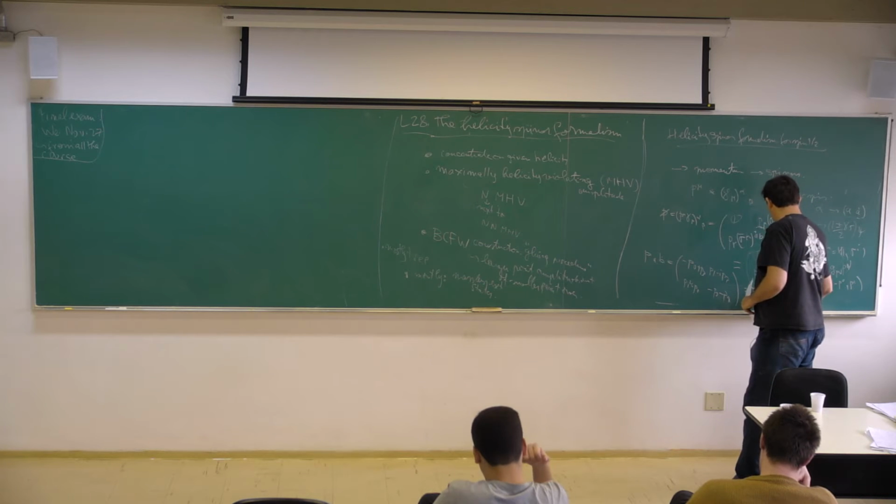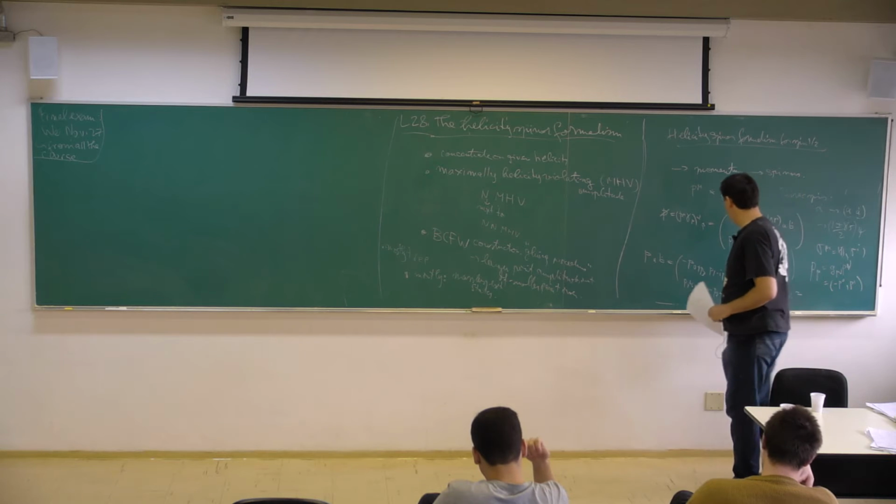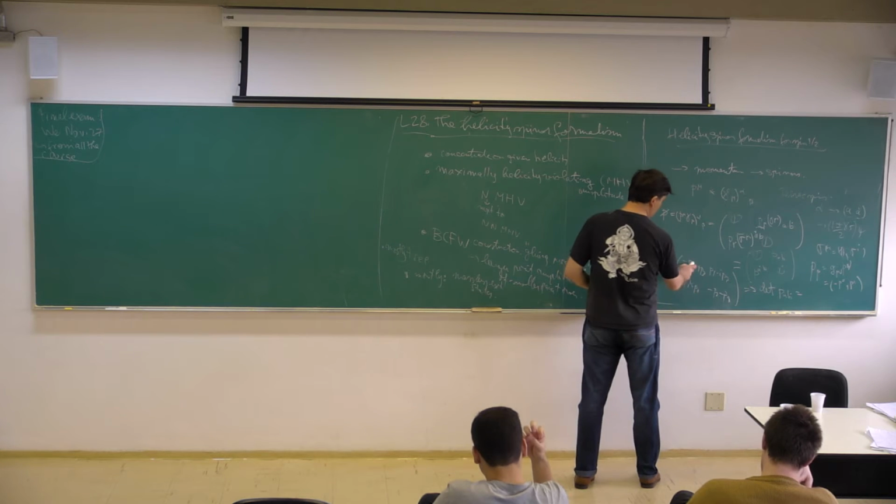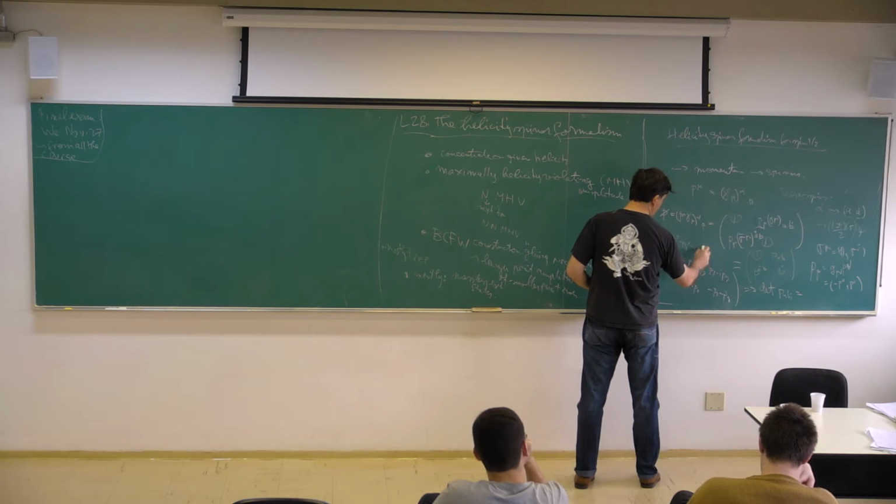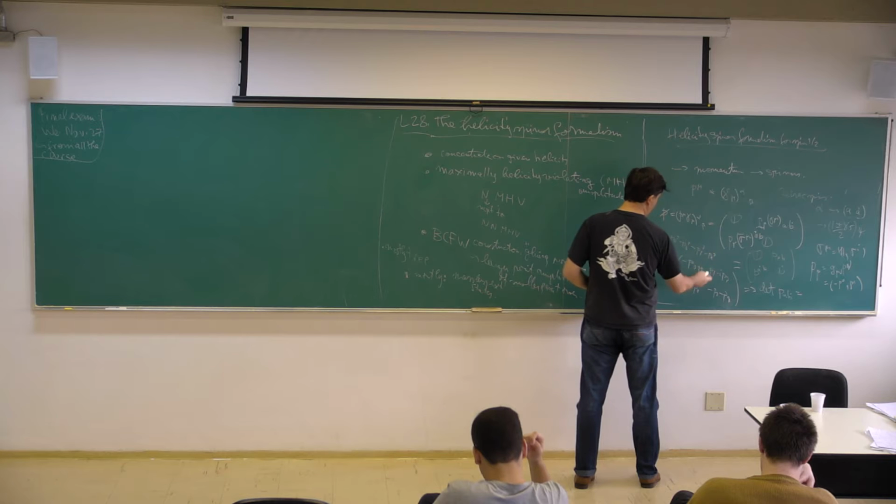And so let's take the determinant of this thing. The determinant is this times this, which is P0 squared minus P3 squared, minus this times this, which is P1 squared plus P2 squared.